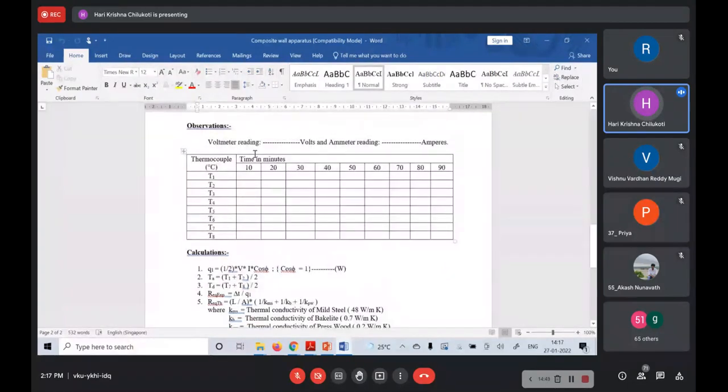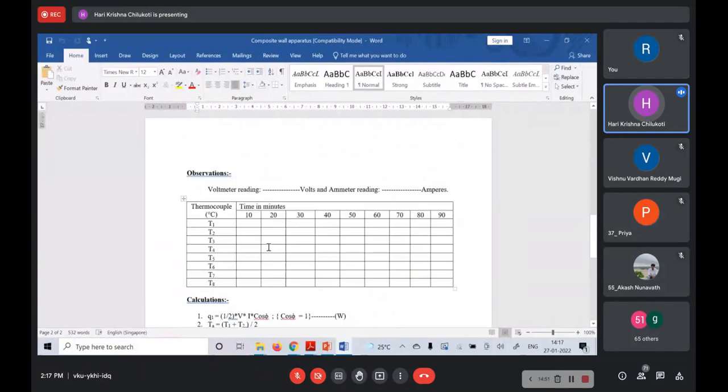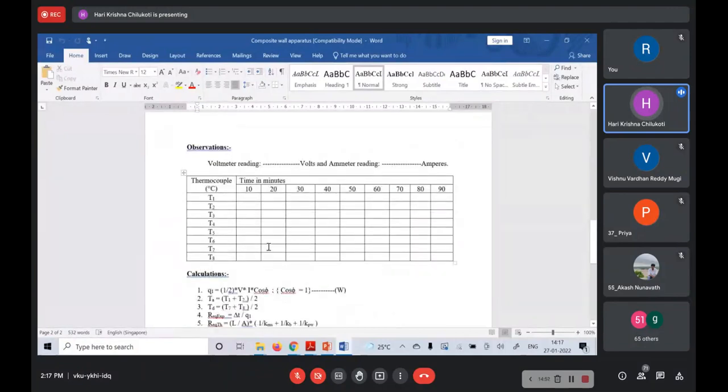Based on the input given here, the system will reach a steady state after some time. Then we are calculating 8 temperature readings. We'll use T1 plus T2, as we have symmetrical composite slabs on both sides of the heater, and we are measuring the temperature at four locations.